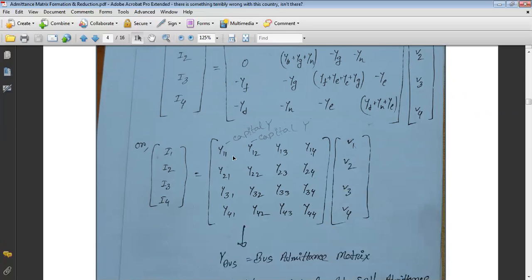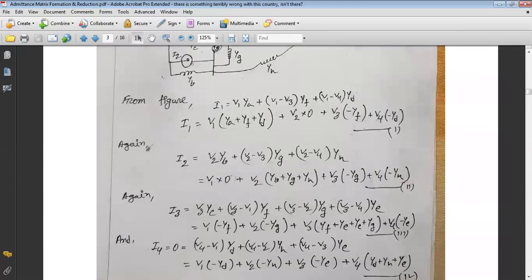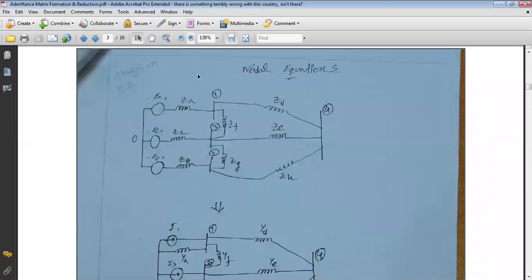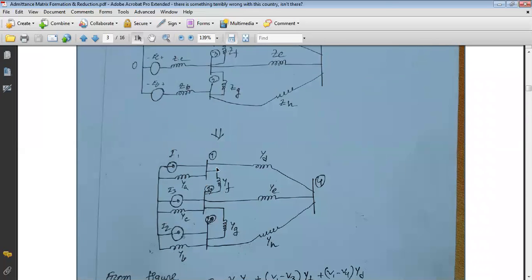And the self-admittance means the sum of all admittance connected to this particular bus. If we consider Y11, that is the self-admittance of bus 1, it means the summation of all admittance connected to bus 1. If we go through this diagram, for bus 1 the connecting admittances are YA, YF and YD.